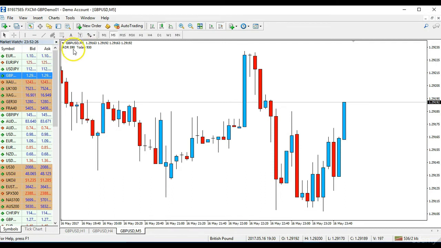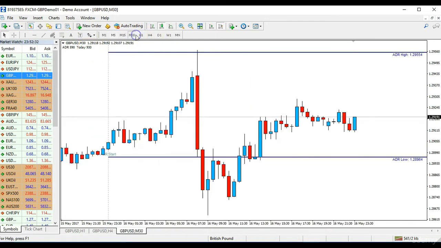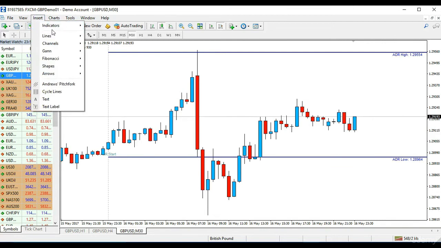So, for example, the ADR was 59 points, and today it's showing 93 points. Okay, so you can see when the ADR high and the low was hit, they formed these blue lines. So that can be useful, but it is just an indicator. It's not something to form your trading. It's not a magic bullet. There's nothing like that. It just doesn't exist. Okay, so this is why I'm not going to spend a lot of time on indicators.